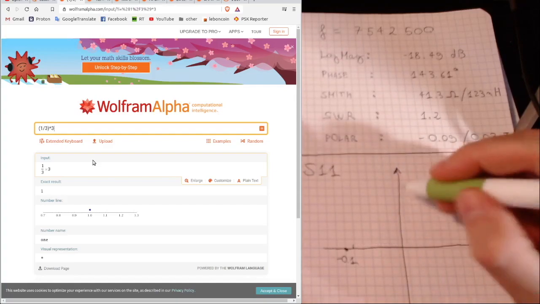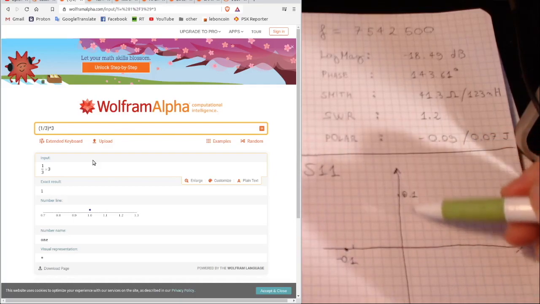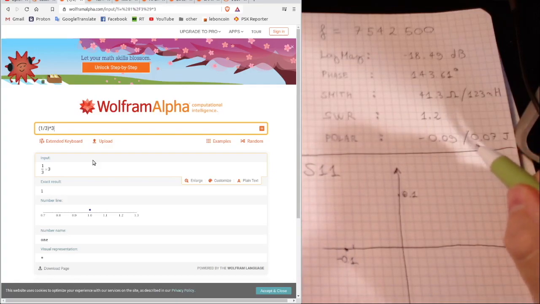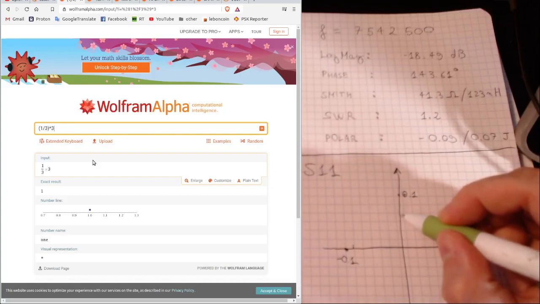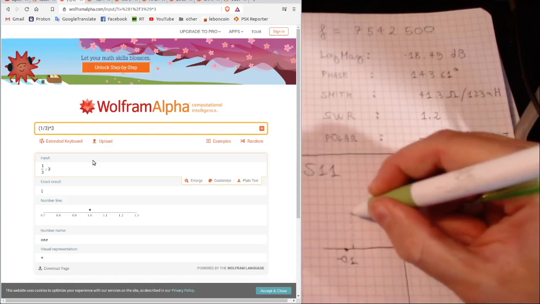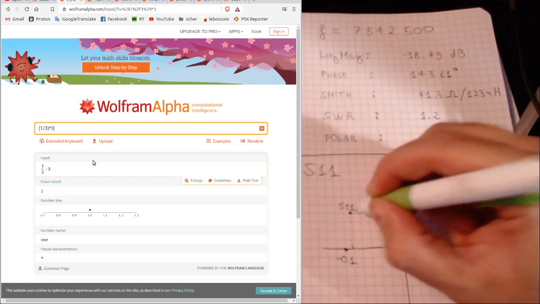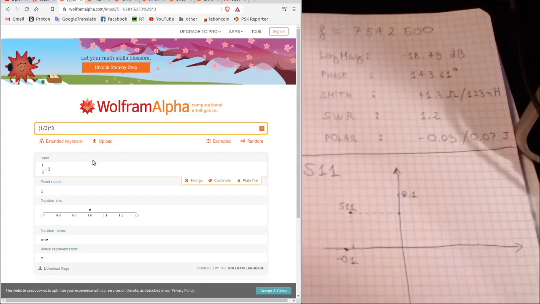And if here I place a plus 0.1 on the imaginary dimension, this vertical axis, well, perhaps our 0.07 is going to be, I don't know, something like here perhaps. So our S11 is going to be here, okay? So this is what the NanoVNA is measuring now, this point here.